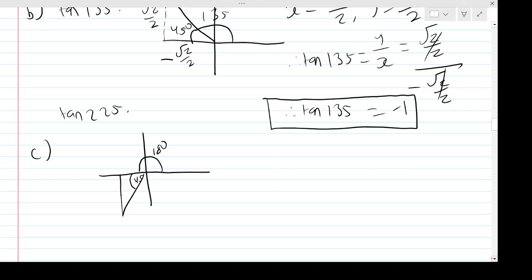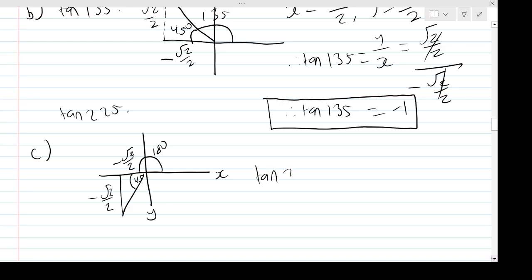So again, the x-coordinate would be root 2 over 2, but it'd be negative root 2 over 2, because it's on the negative x-axis. And y would also be negative root 2 over 2, because now this point here is on the negative y-axis, right? Well, therefore the tan of that, again, is y over x, or the opposite over adjacent of the angle 45.